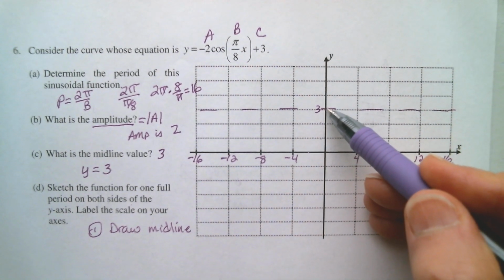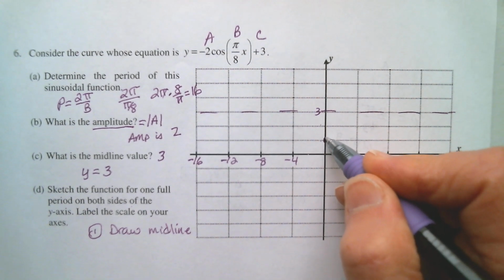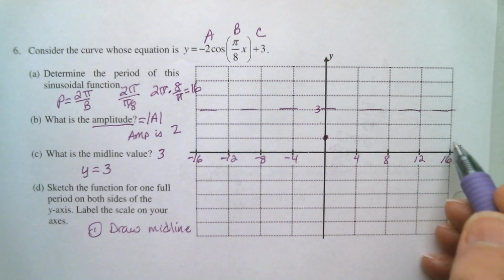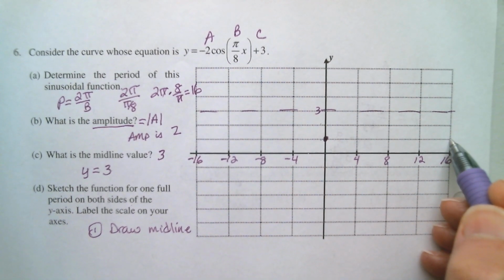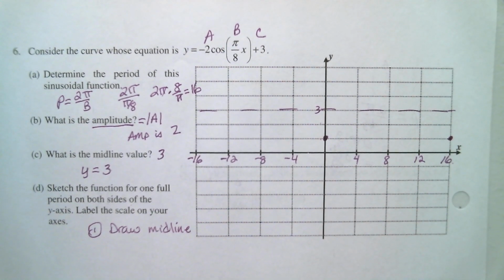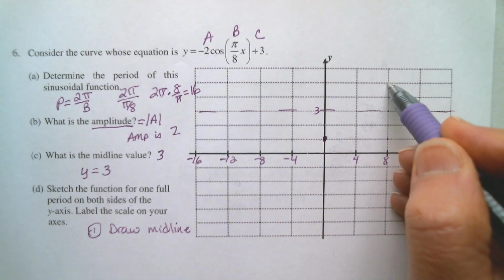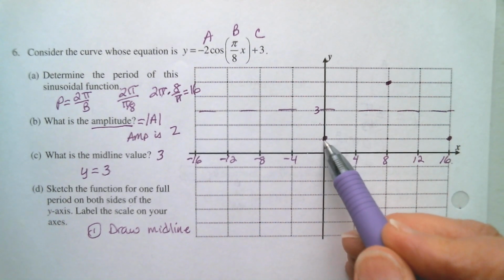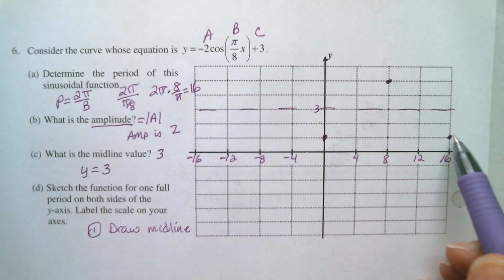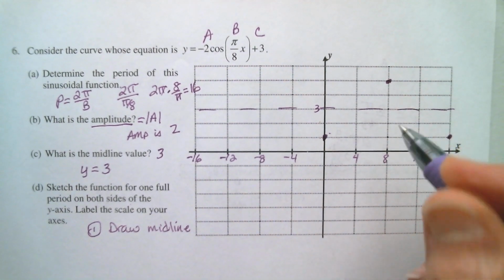So you want to start 2 units below the midline. One complete cycle is going to end at that height. Midway between, it's going to be 2 units above. So it starts at its min. After 16 units, it's back at its min. Midway between, it reaches its max.